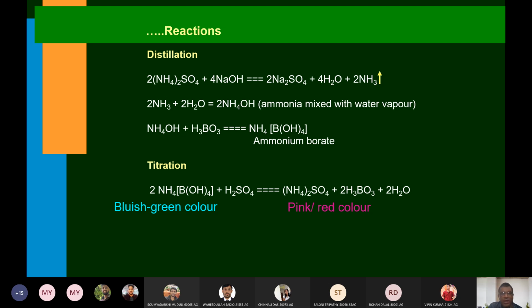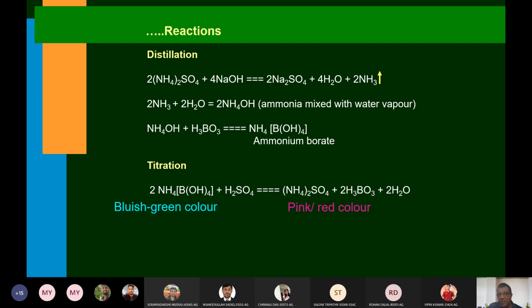So this ammonia, while passing through the tubes and reaching the boric acid, takes water and ammonium hydroxide is formed. Then ammonium hydroxide enters the boric acid and makes ammonium borate. And now your ammonia is collected completely.